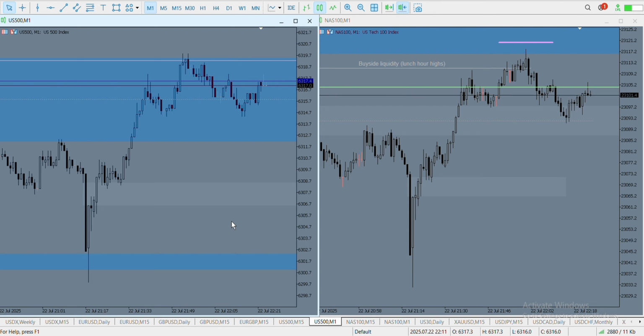I think US 500 has moved a little bit, 2 points higher. NAS 100, 23,100, 100 big figure. Let's see whether we'll get into 150 or 050. And for US 500, we'll see whether we'll get into 310 or 400, 410. That's the dream.